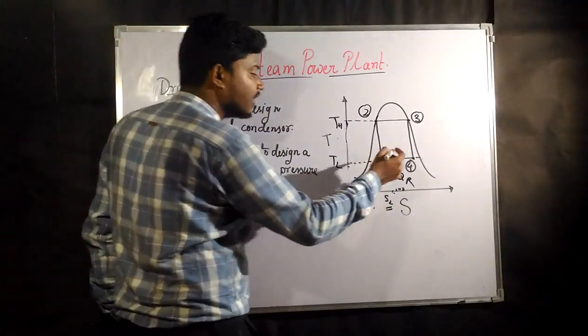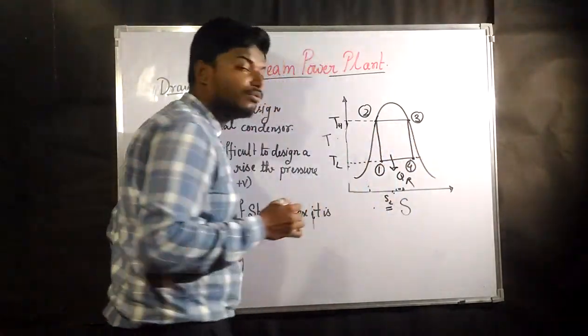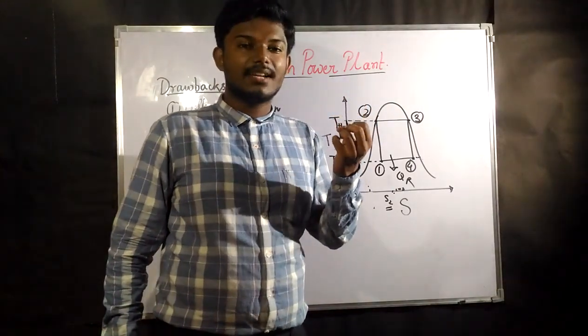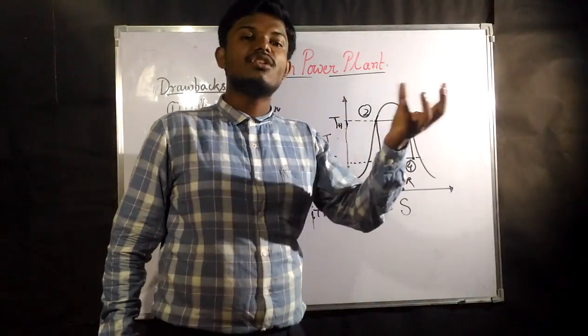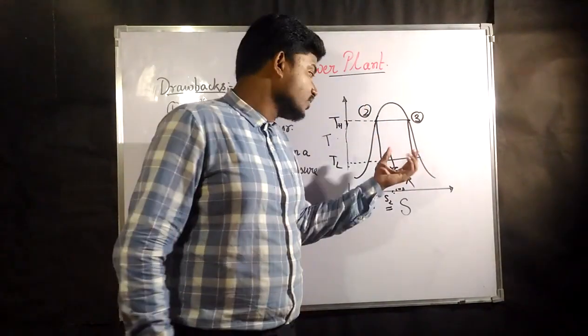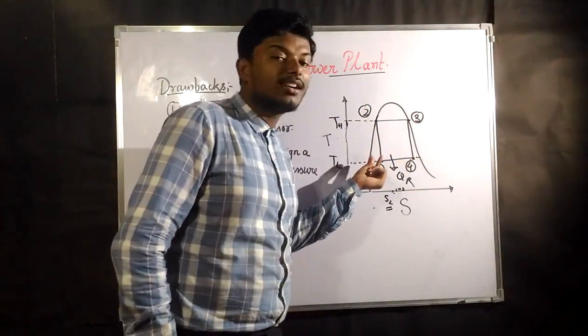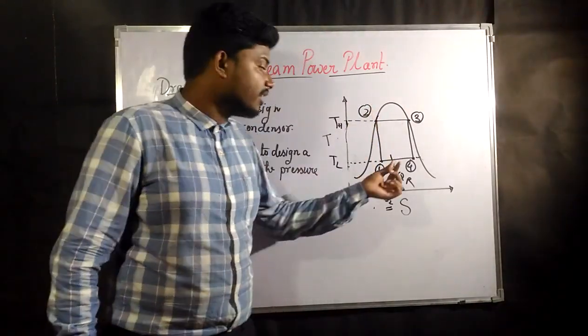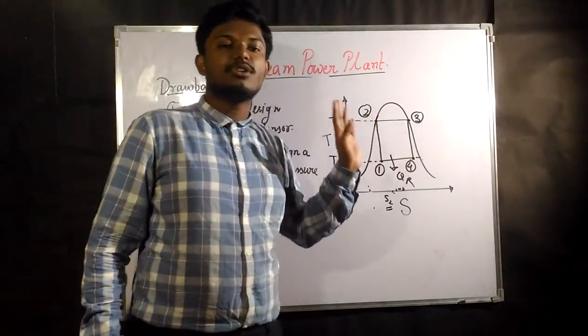This 4 to 1, there point 4 was also liquid plus vapor, or you can say it is the wet region. Wet region means that instead of steam, some amount of liquid is going to be there. Now the end product of the condenser is again liquid plus vapor only.